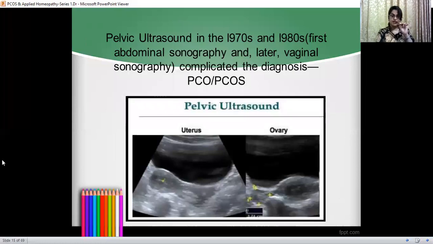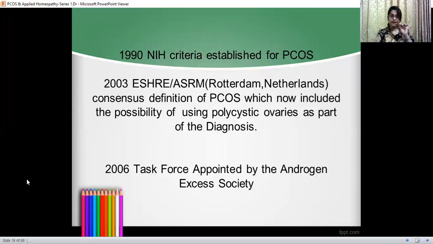Next, pelvic ultrasound in the 1970s and 1980s. First abdominal sonography and later vaginal sonography complicated the diagnosis. Later, in 1970 and 1980, vaginal sonography and abdominal sonography came into existence, but that too complicated the diagnosis. In 1990, NIH criteria were established for PCOS.